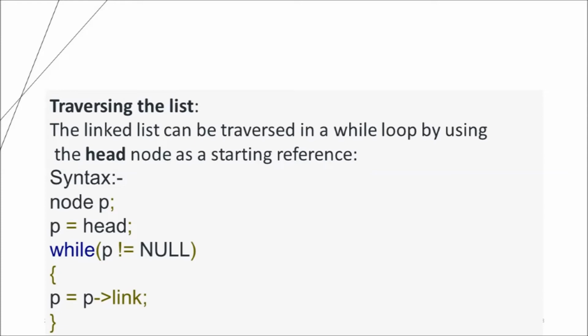Let's use the head node as a starting reference, with a temporary pointer P. Using a while loop, the pointer P goes until it is not equal to null, and then P is set to the link of P. In this method we can traverse the linked list.